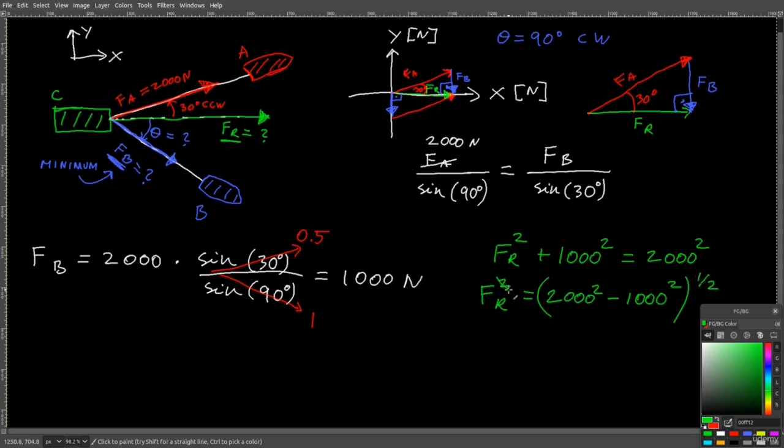Then I will get rid of this 2 here. And so FR equals more or less 1732 newtons. And there you go, you have your theta, you have your FB, and your FR, and both of your conditions are met. Your FB is minimum, and your FR points in the positive x direction.